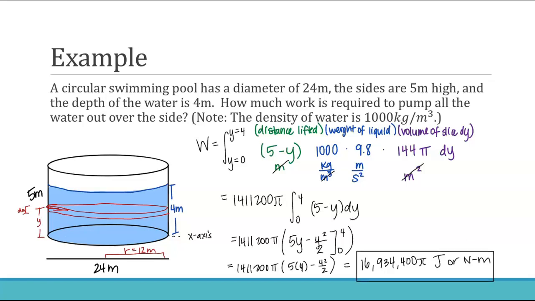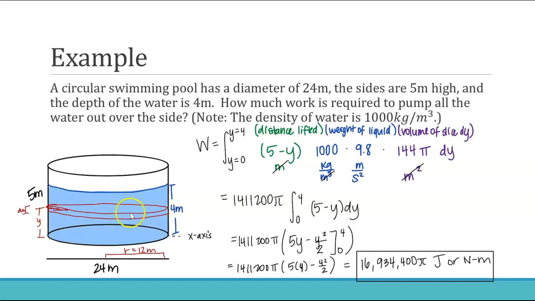It is primarily the setup of these problems that tends to be tricky, but it's helpful to think about that these three pieces are required: the distance lifted, the weight of the liquid, and then the volume of the slice. dy is going to be probably the hardest part. This one was an easy example because the slice was a constant volume each time, right?